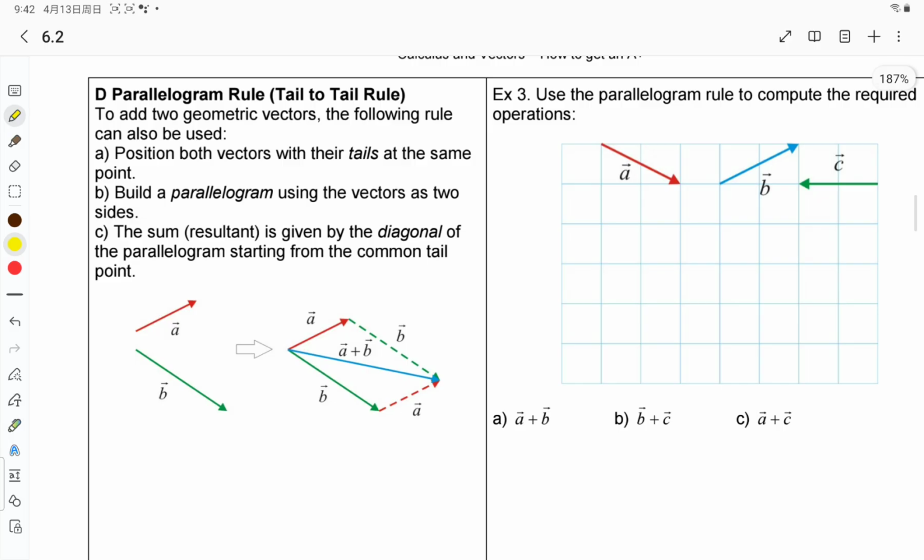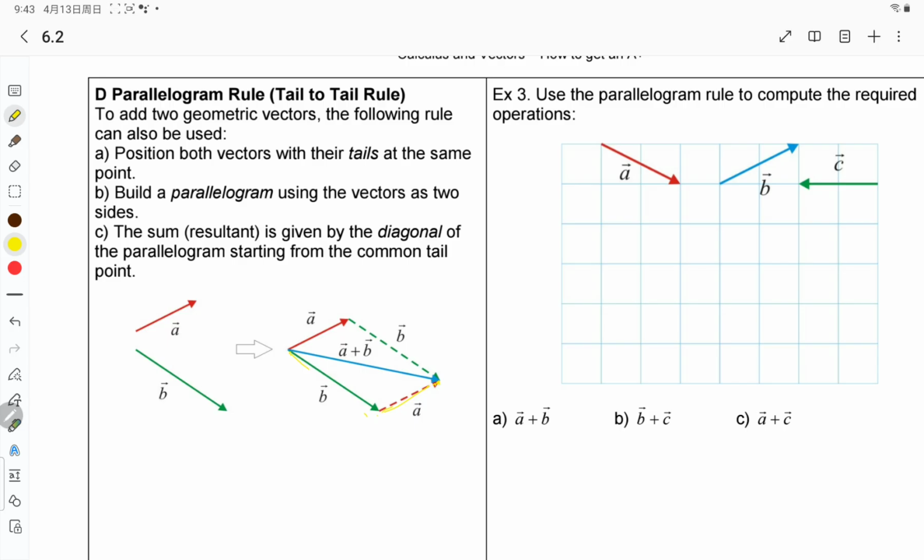Parallel rule. Okay, parallelogram rule. This is another way of calculating, summing or adding vectors A and B. If we have two vectors positioned like this, like I said previously, if you forgot how to draw A plus B, you can move the A vector parallel to here, and then you just travel from here along this arrow, and then another arrow, to the destination, right?